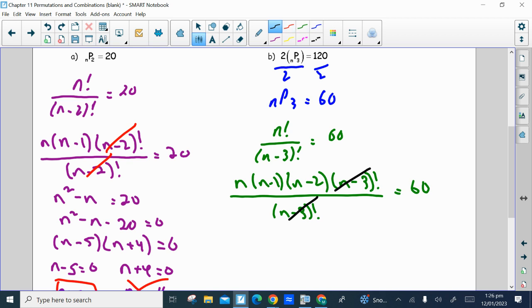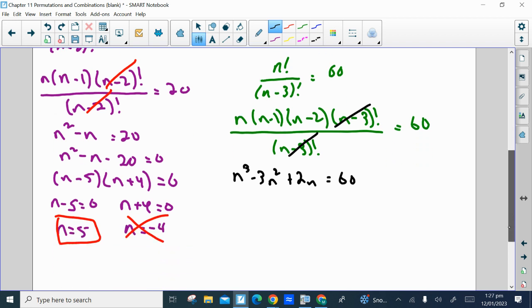If you multiply all that out, you will get n cubed minus 3n squared plus 2n. So you get a third degree polynomial here that we want to solve. But before we solve it, we need to make it equal to 0.